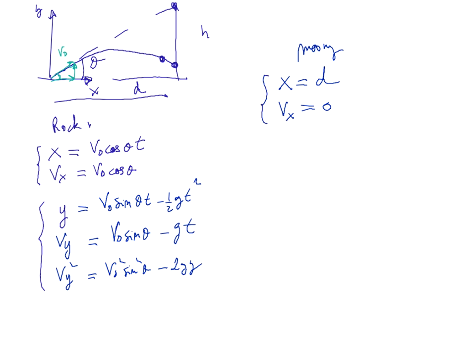Okay, now let's look at the y. Initially, based on this coordinate system, our mongoose has an initial vertical position, which means, do we need to keep y naught? Excellent. Obviously we do, right? We are above here. Do we know the exact value of y naught?